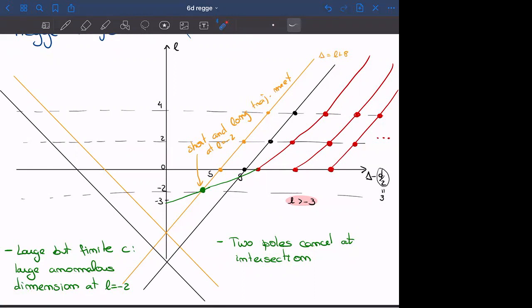Yes, I guess maybe this point that you're raising, that the poles cancel, might actually be a way to see this statement that I think Eric was asking, just from this plot, that it's possible that you could potentially argue that there should actually be no poles at spin -2.